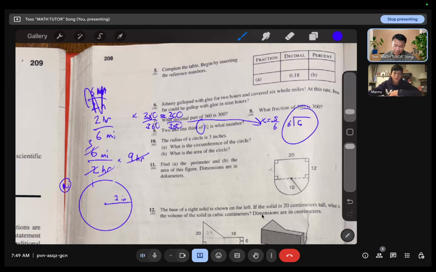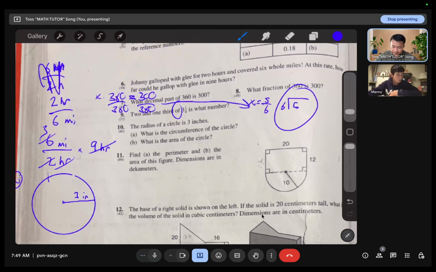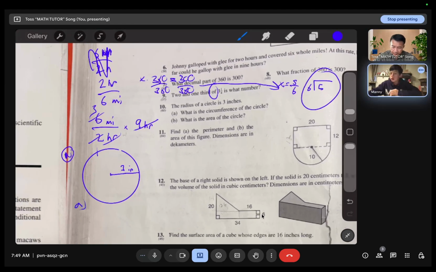How would you do the circumference for A? 3.14 times 6. Just like that. Circumference, what formula would you use here? Pi times diameter, or diameter times pi.